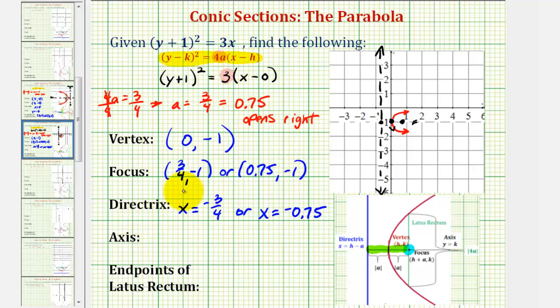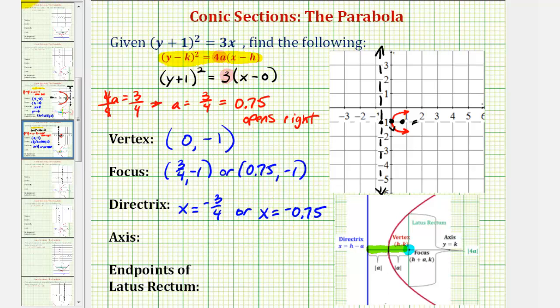But if we did want to rely on a formula to find the focus, we could add a to the x-coordinate of the vertex. Notice that 0 plus 3/4 would be 3/4 or 0.75. And then to find the directrix, we could subtract a from the x-coordinate of the vertex. Notice 0 minus 3/4 is -3/4 or -0.75.